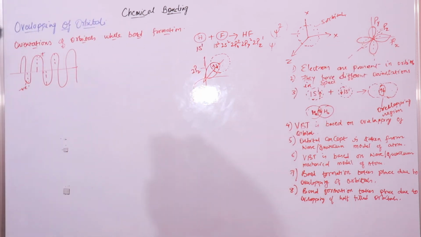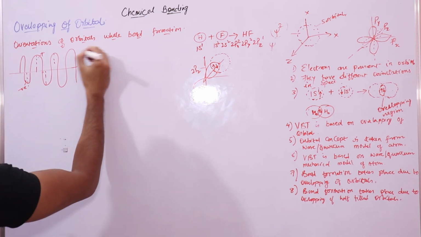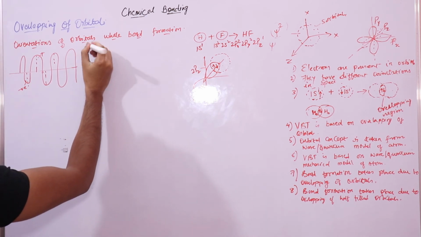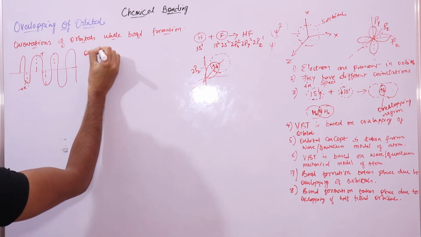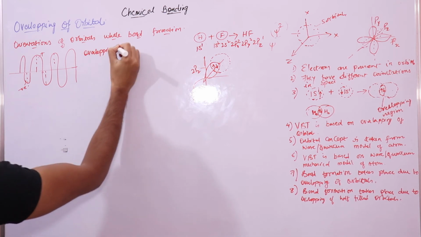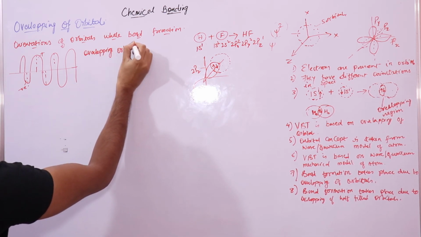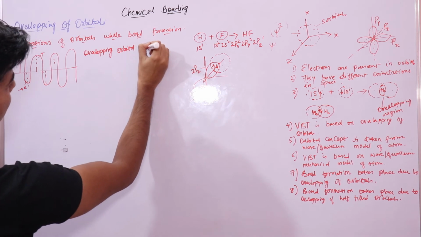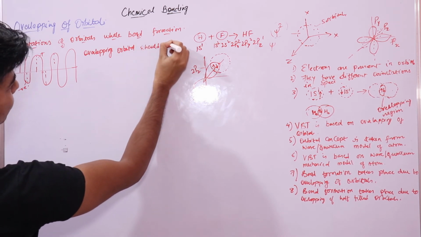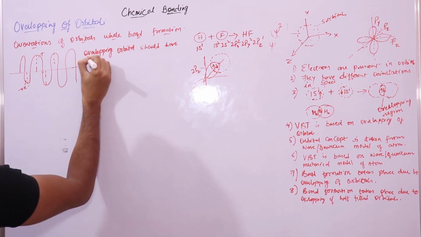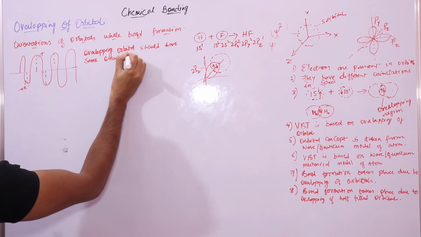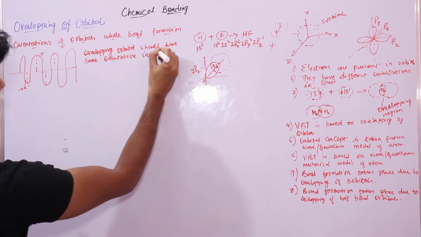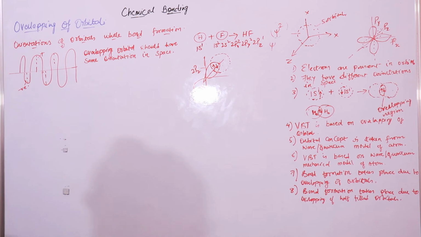So we'll write it over here: overlapping orbitals should have the same orientation in space.